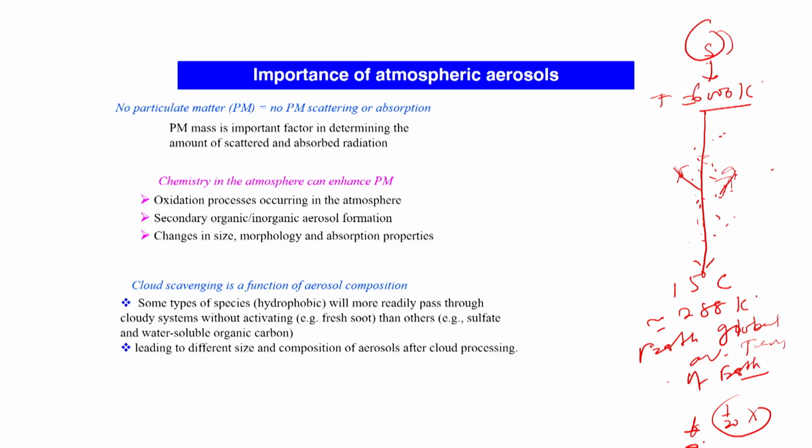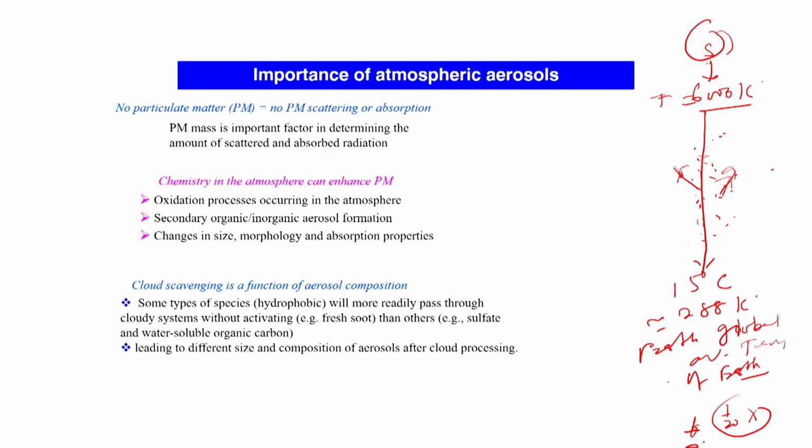Cloud scavenging is a function of atmospheric aerosol composition. This is very important. If there was no atmospheric aerosol, there would be no scattering or absorption. That is gone. But one very important thing is that for rain, you typically consider a raindrop size of about 10 millimeter or a little higher, or whatever order of magnitude you take.